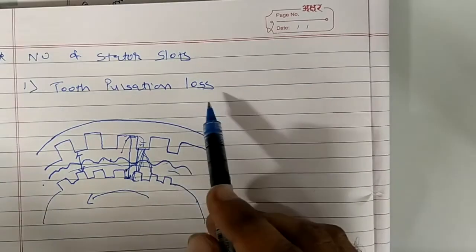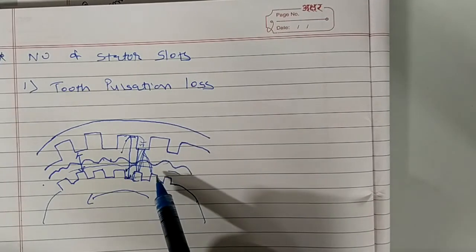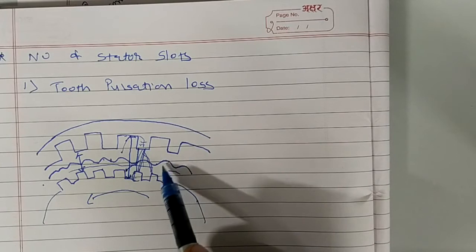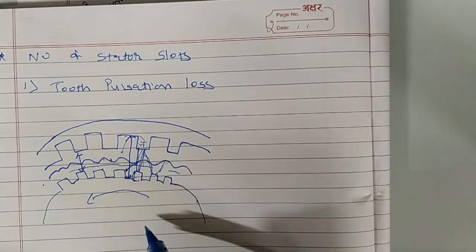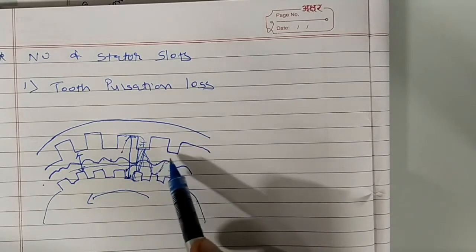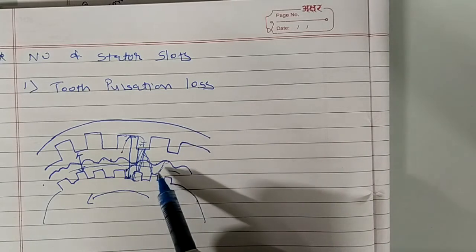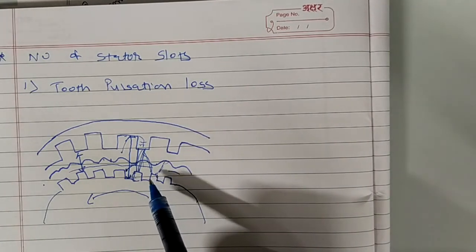But it will create losses. How will it create losses? As this value pulsates, there will be some area in this rotor tooth where the flux will be high, or crowded, because flux wants to select the low reluctance path. If the flux is crowded, the flux density is going to be high.